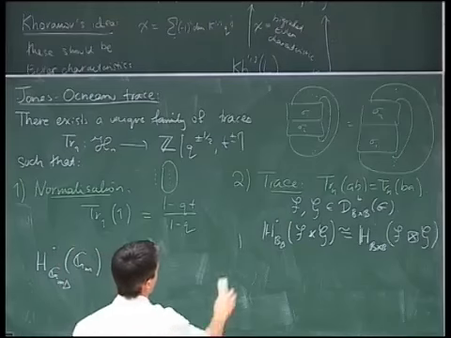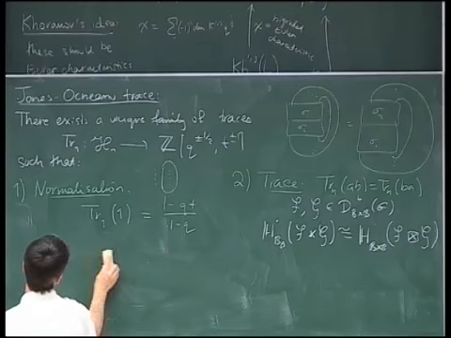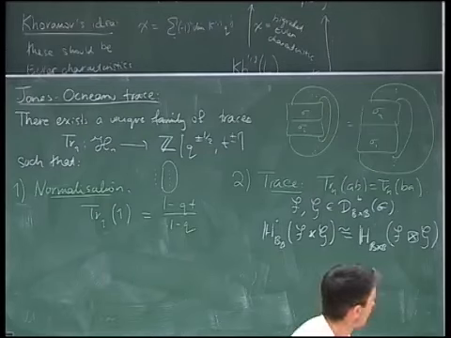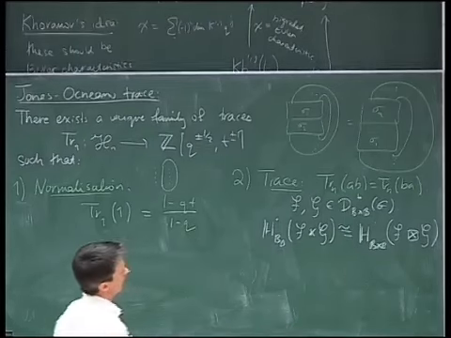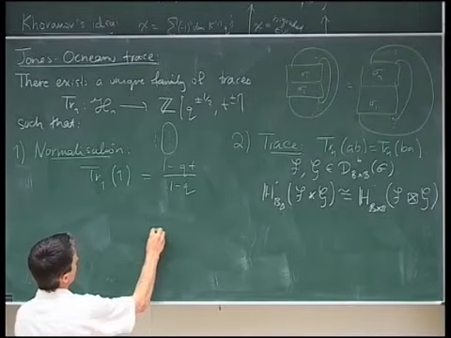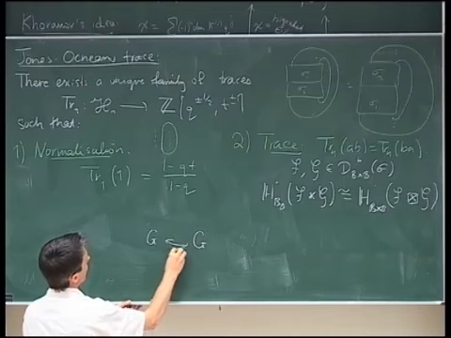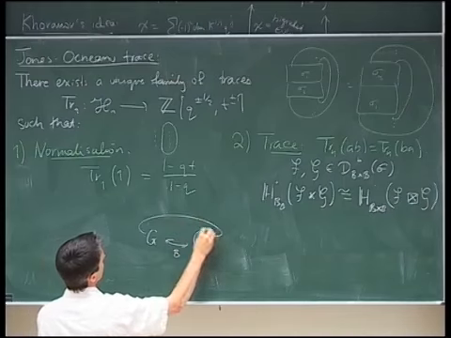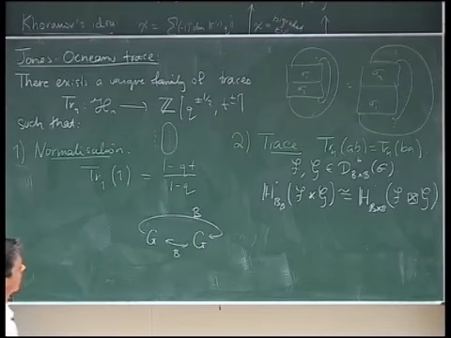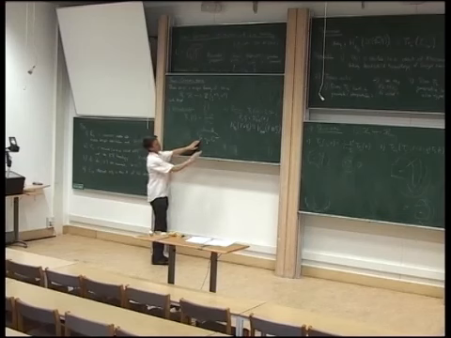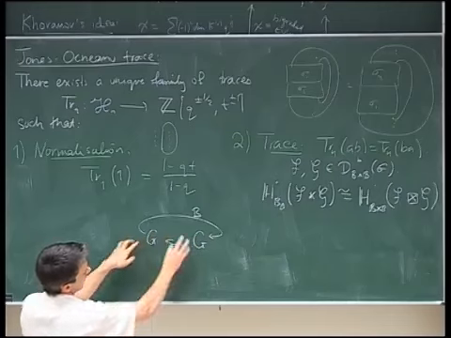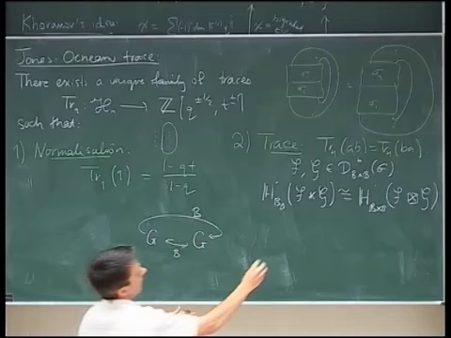Give myself a bit more space. So I have G and G, and I have B acting like this. Okay? And I have a sheaf here and a sheaf here. But this is, of course, the same as if I just turn them around the other way.